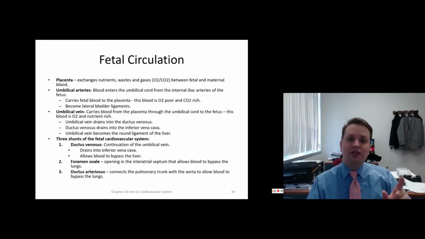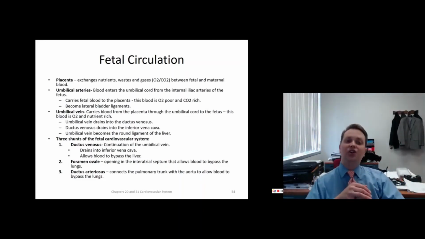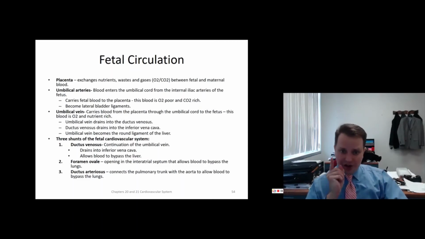Blood enters the umbilical cord from the baby, from the internal iliac of the fetus. So this is going from the fetal heart out, and this takes blood to the placenta. O2 poor, CO2 rich. Now, all you have to do on the drawing is include the gases here that I've got, okay? And I would ask you to try to do that.